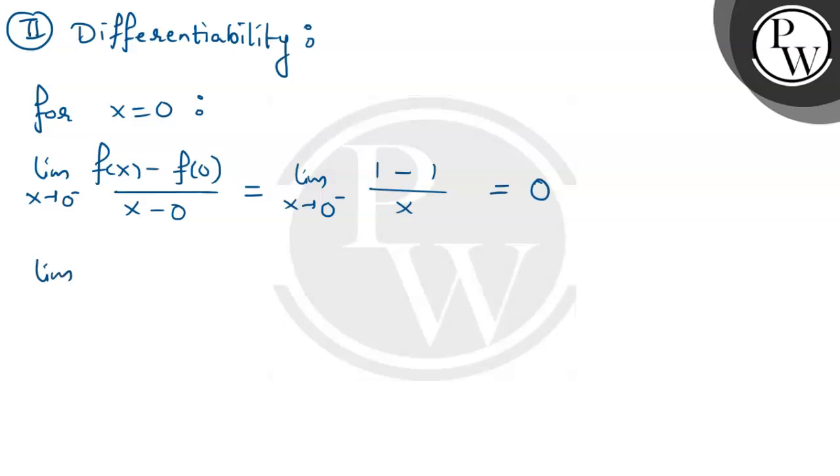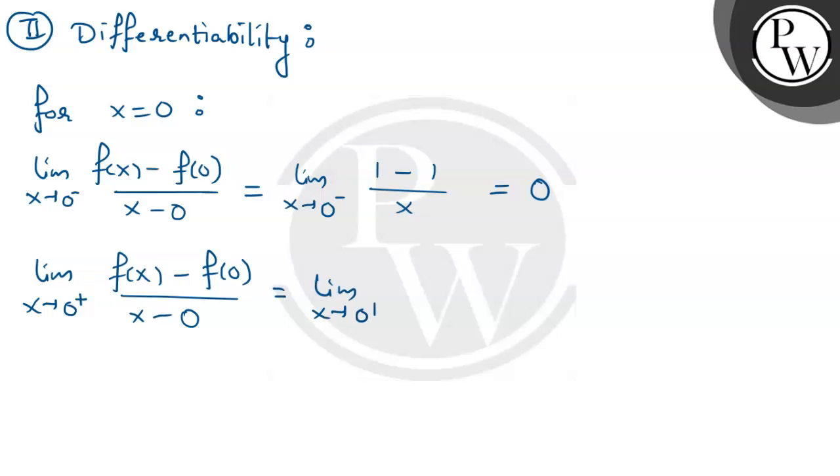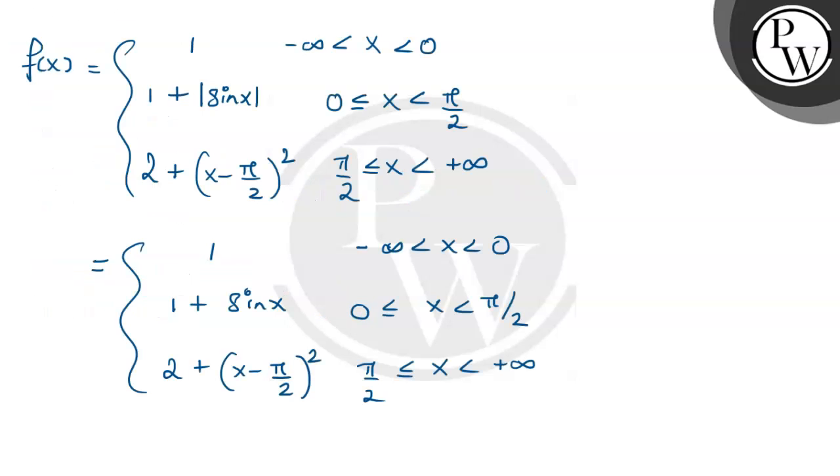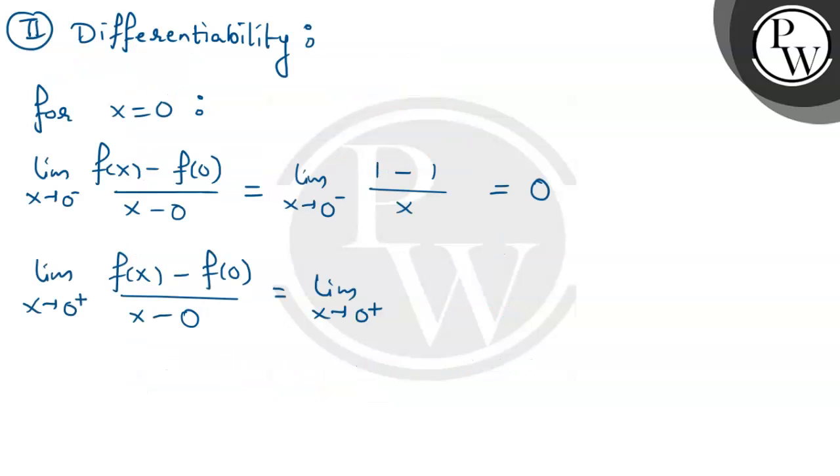Now let's get the right hand limit. यहाँ पर आ जाएगा limit as x goes to 0 plus of f(x) minus f(0) divided by x minus 0. अब 0 के right hand side में the definition of function is 1 plus sin x, and at 0 the value is 1.